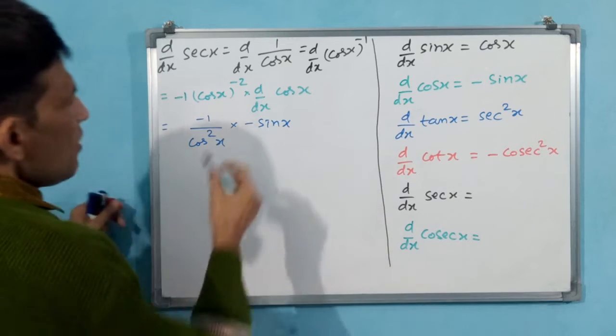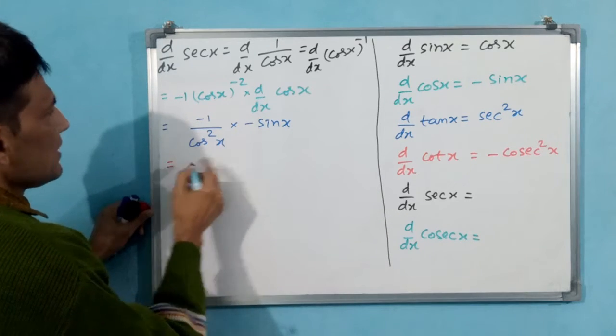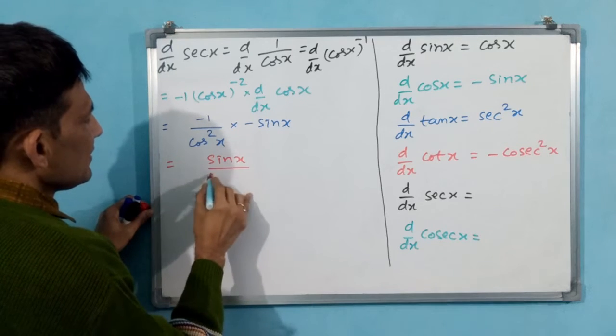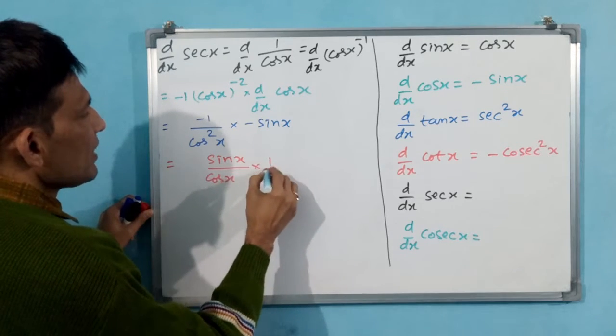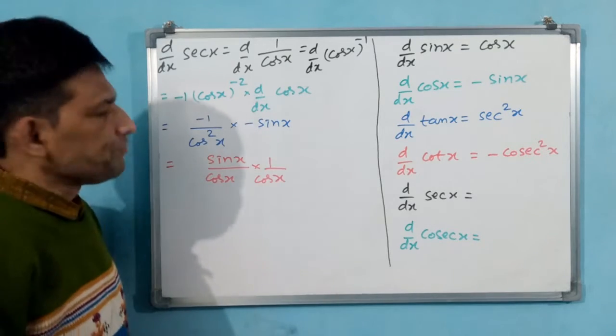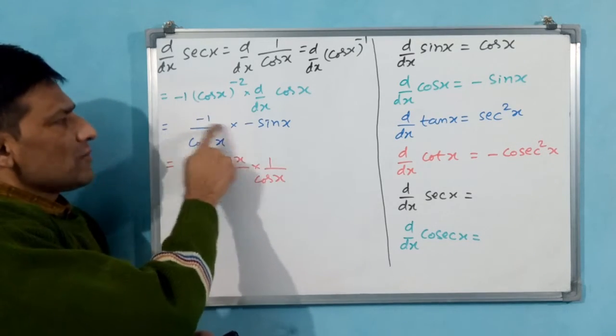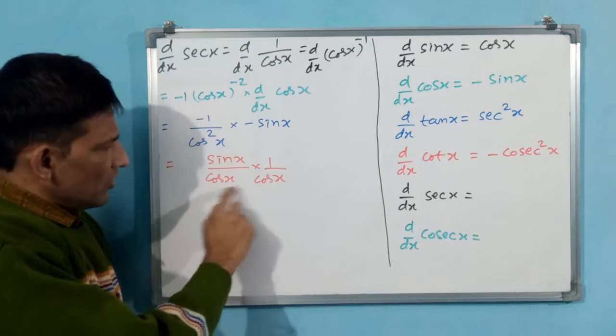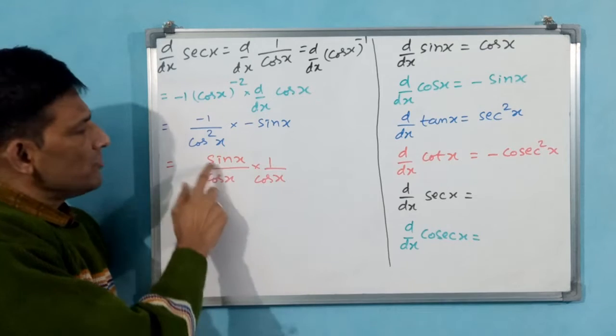Now you see minus minus are going to get cancelled. That means sin x by cos square x. But sin x by cos x into 1 by cos x. Is it okay? Denominator cos square x, numerator sin x.